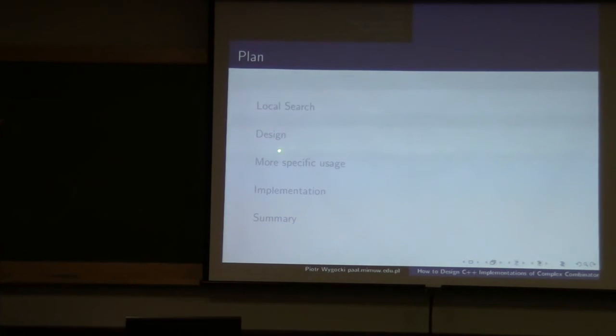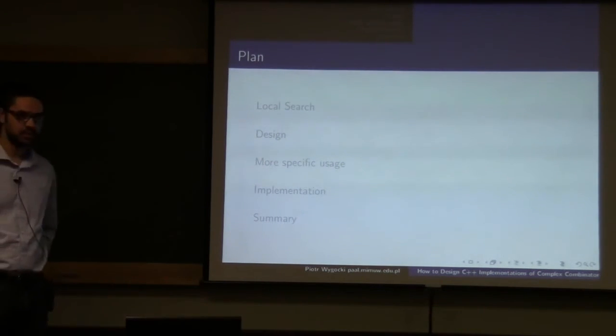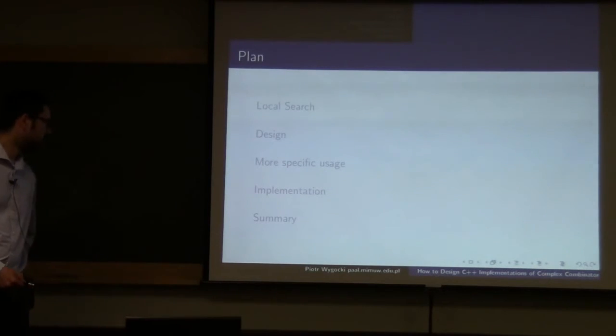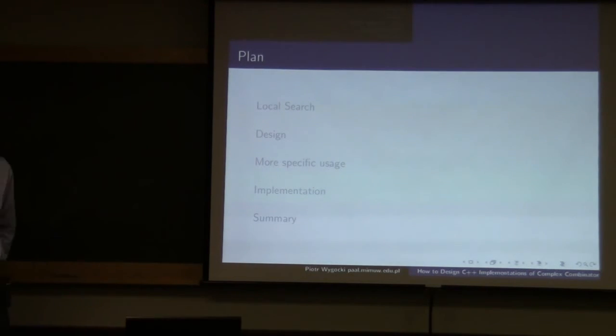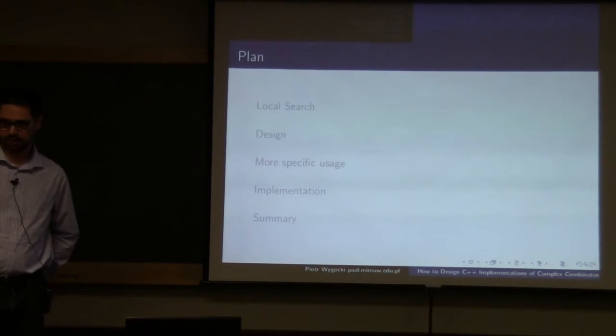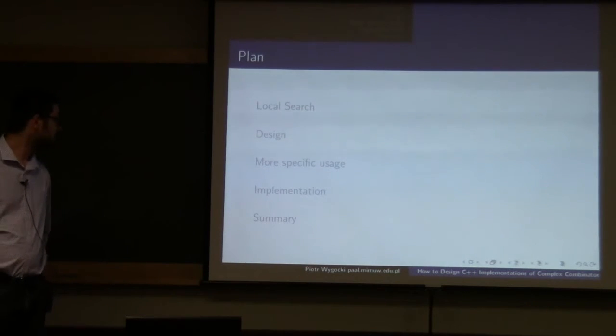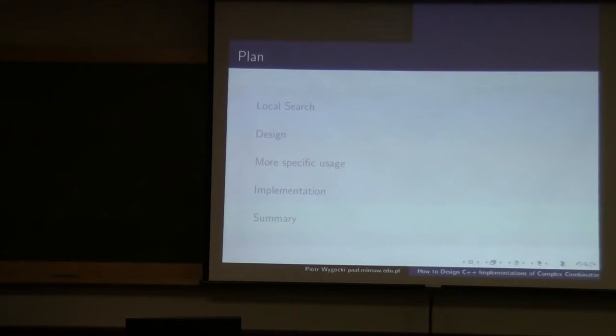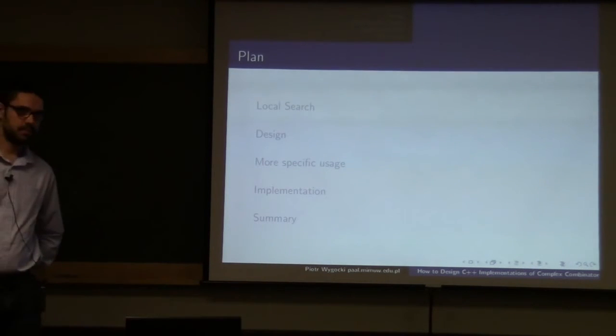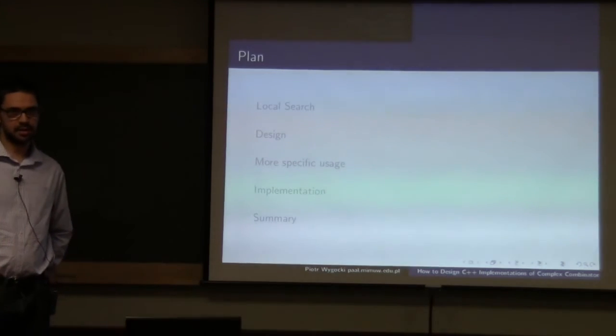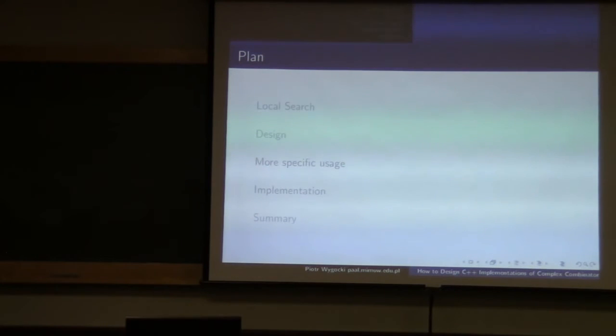After our framework is designed, we are going to focus on more specific usage, and here I'm going to show you more complex usage of the library. And when we are done, I'm going to show you maybe some part of the implementation, maybe more the idea of the implementation. So let's go.